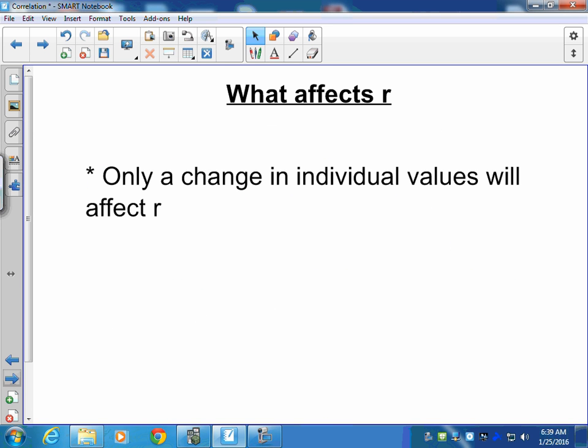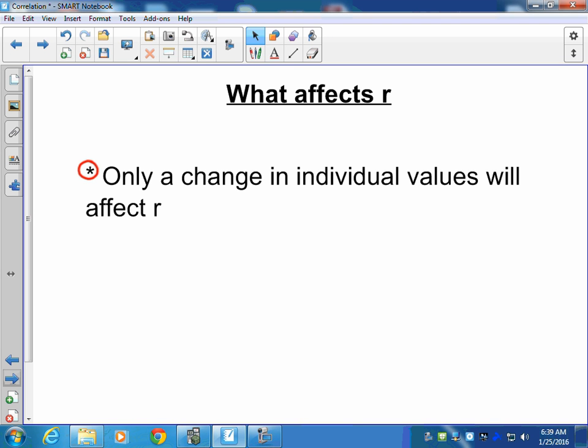Now, what affects R? And truly, there's really only one type of thing that affects R. I'll show you some situations that we just want to understand about what happens and what are some of the things that we can do with it.